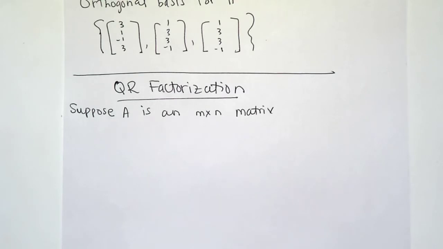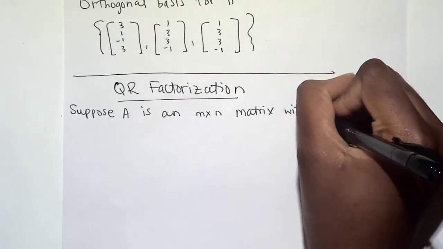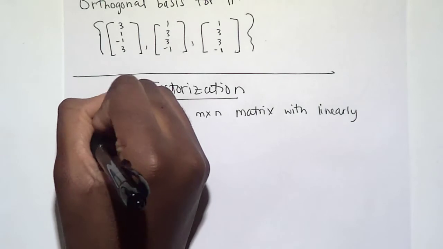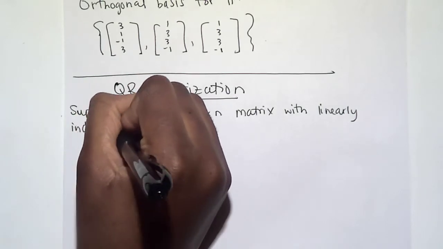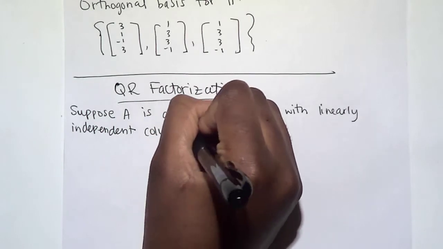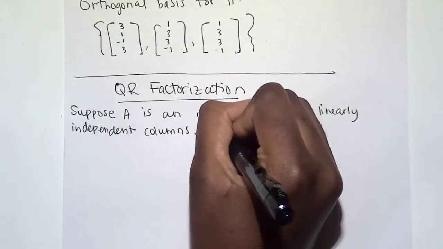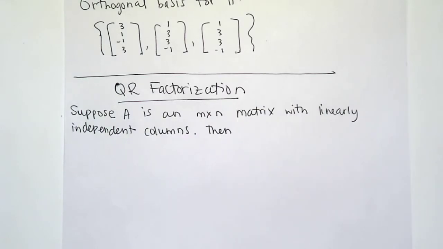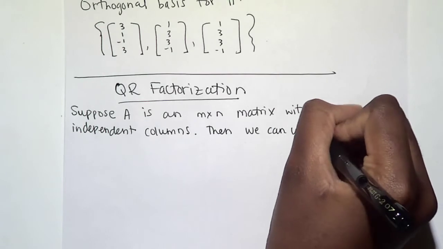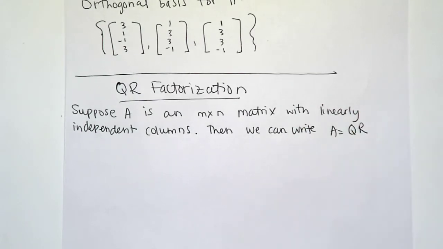So suppose A is an M by N matrix with linearly independent columns. Then we can write A equals QR.